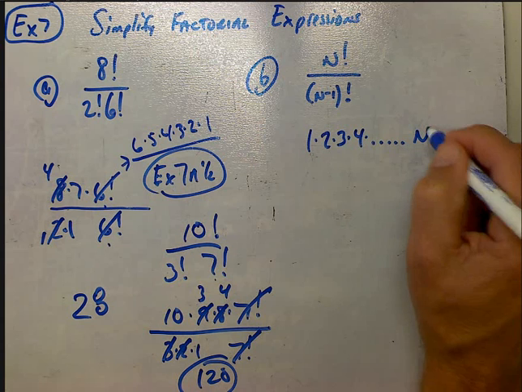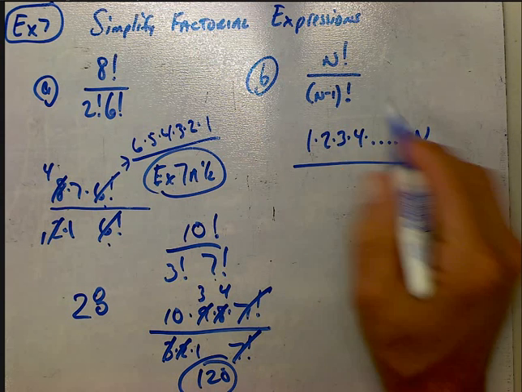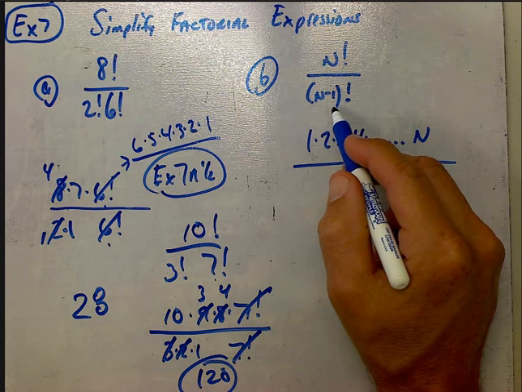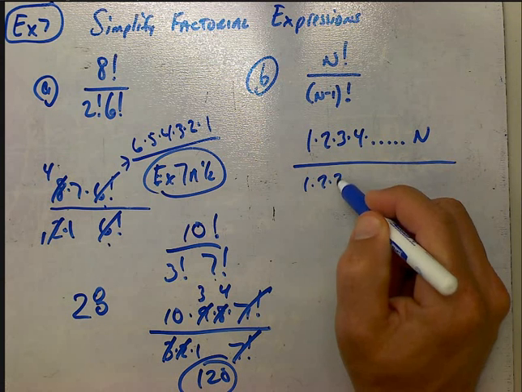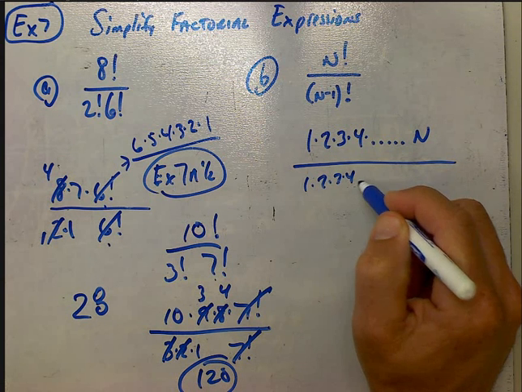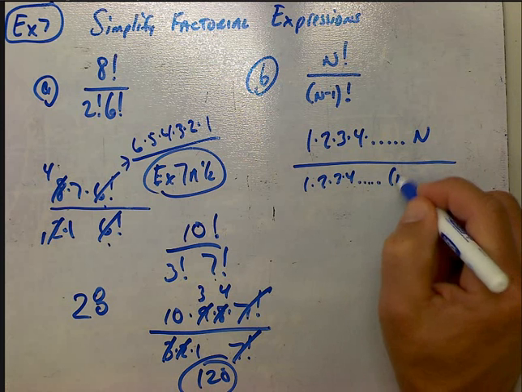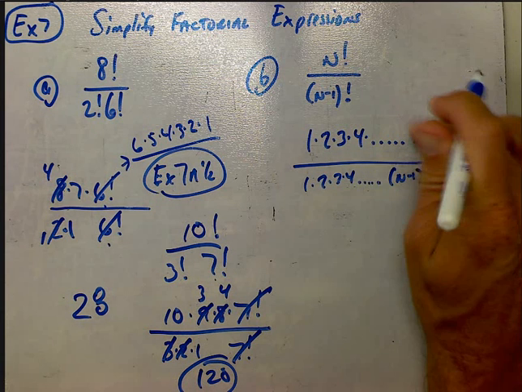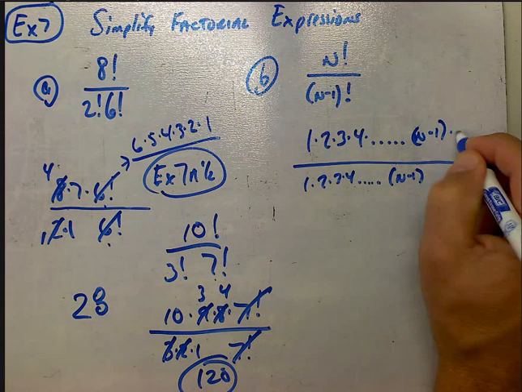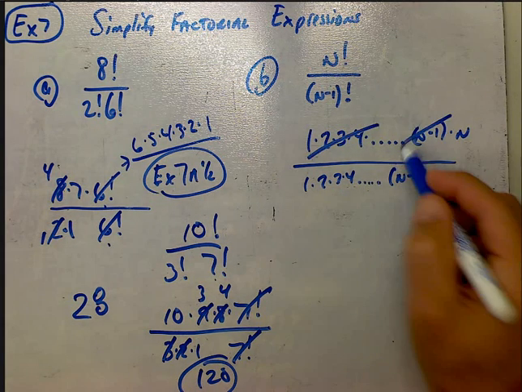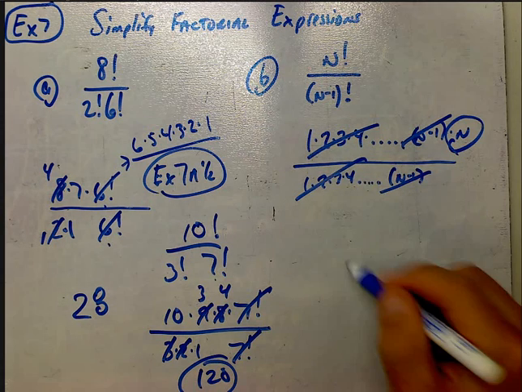Okay? So n minus 1 factorial means it's going to be 1 less than n, so 1 times 2 times 3 times 4, ... up to 1 less than n, n minus 1. And then this means I also have an n minus 1 here. Everything cancels out, leaving only the n. Kind of abstract, but mathematically it is logical.